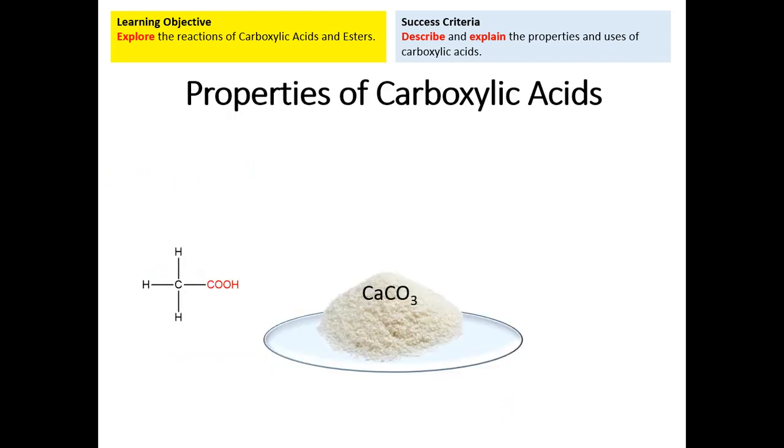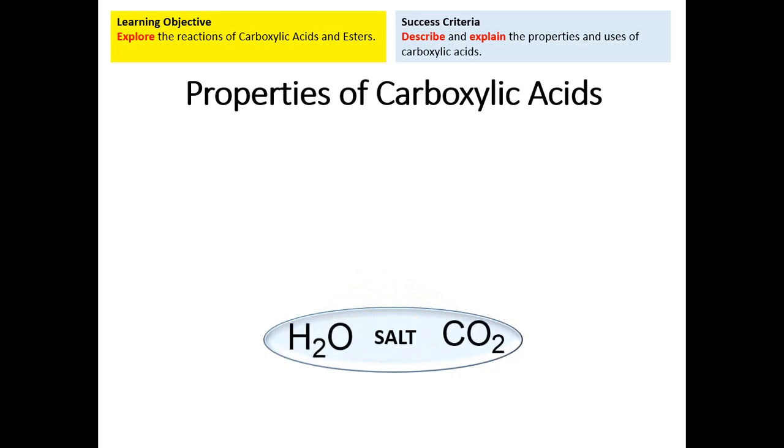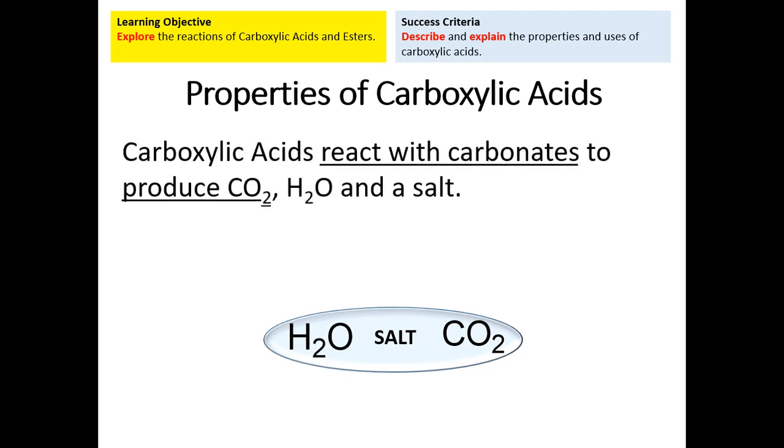So let's have a look at this in action then. If we add ethanoic acid to our calcium carbonate, that's a powder, it would start to dissolve as it reacted, it would get smaller, and you would get carbon dioxide gas like we've said, and you would get water and the salt. So carboxylic acids react with carbonates to produce CO2, H2O and a salt.